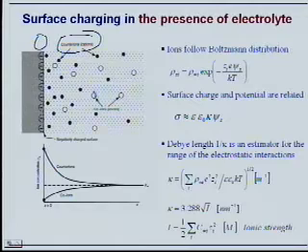Then you have the co-ions, which come from the dissolved electrolyte, and the counterions and the co-ions together form the counterionic or ionic atmosphere around the surface. This atmosphere is the one which determines the electrostatic interactions.